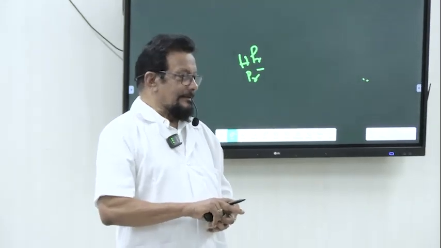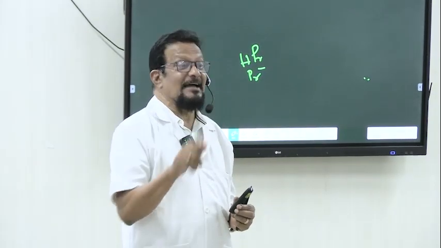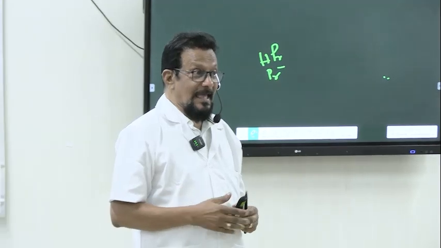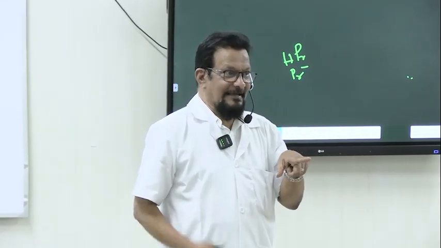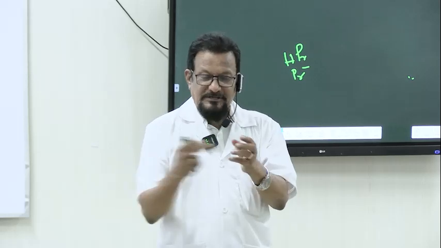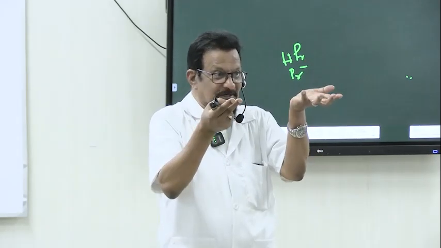Now what happens? Actually, the RBCs have a negative charge on their surfaces, and fibrinogen disturbs these charges. As a result, the RBCs cannot repel each other. They cannot remain in suspension.